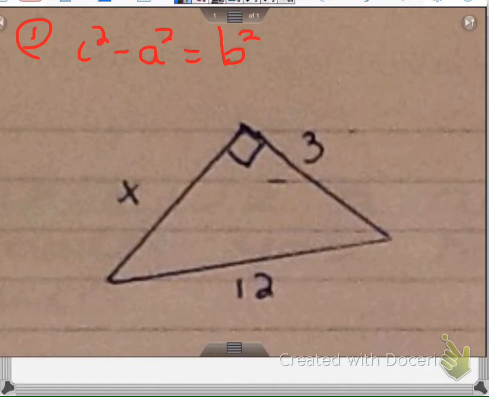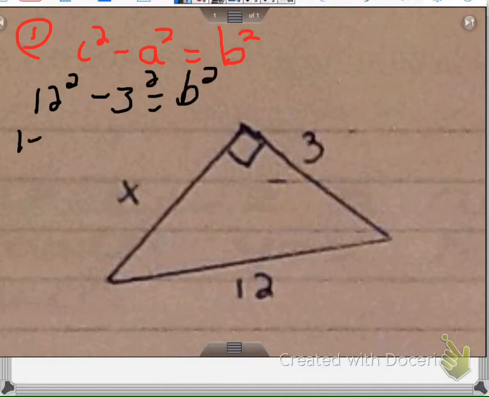I'm going to change pen colors here. And C squared is 12, and A, I'm saying, is 3, and this I don't know. This is 144. You should have all 4 steps.